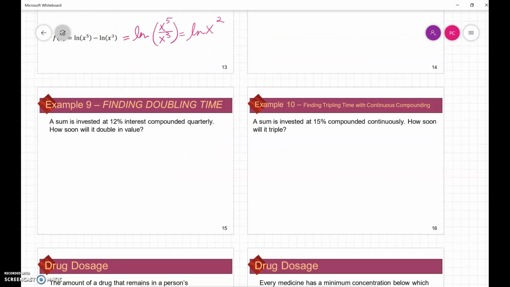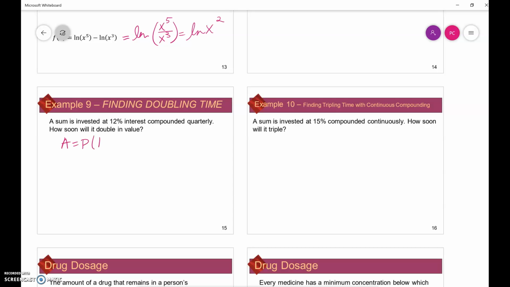So a sum is invested at 12% interest compounded quarterly, and we want to know how soon it will double in value. So we're going to start with that formula. We know our final amount is A equals P times 1 plus r over n to the nt, where the A here, that final amount, we want to be double the original.